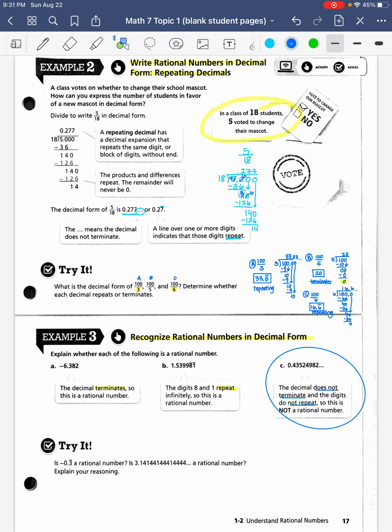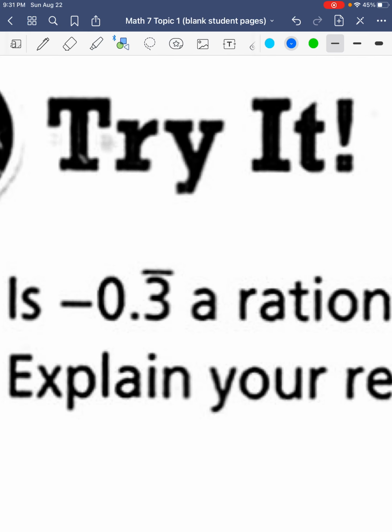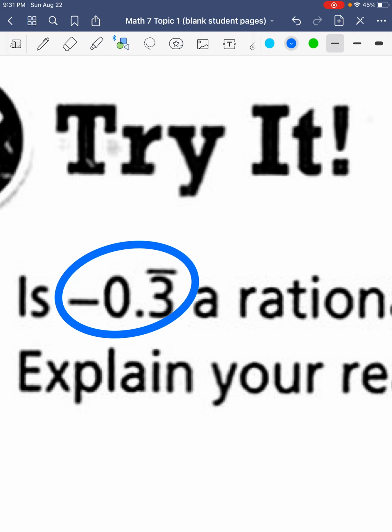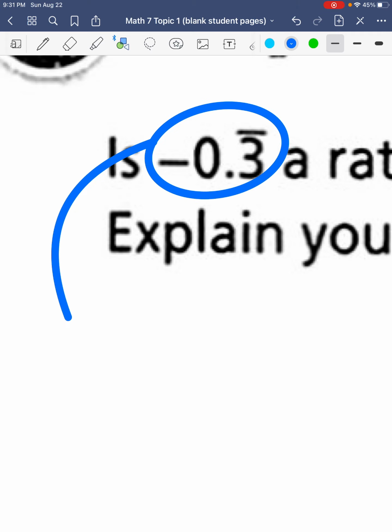Now it's our turn to try it. Is negative 0.3 repeating a rational number? Well, let's start by answering that first question. So we're focused on just this one right here. Is that a rational number? Well, it repeats. That line, remember, tells me that that digit repeats.